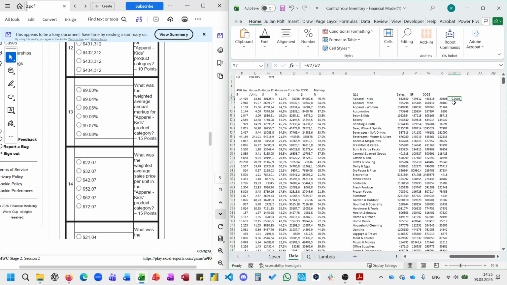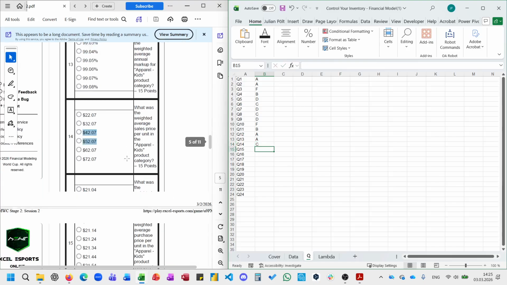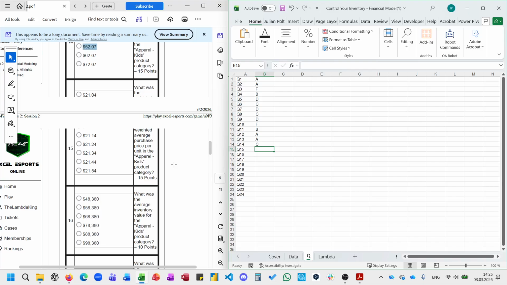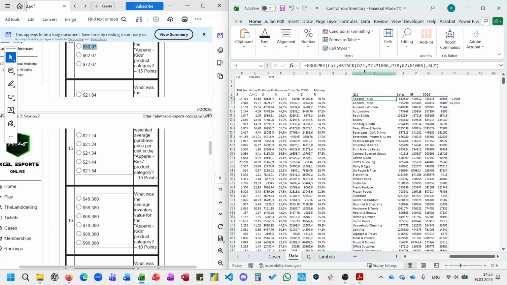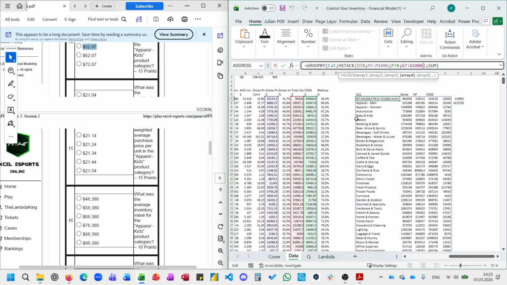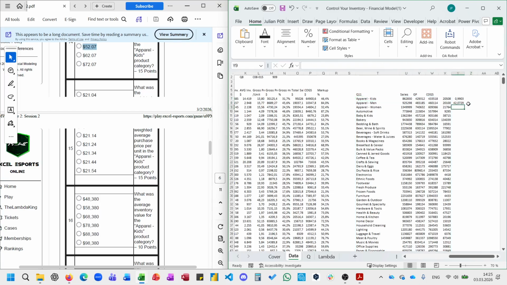And then we get that sales divided by number of units is 4207, so answer C. What was the weighted average purchase price per unit? If we bring in the COGS, what we can simply do is COGS divided by number of units, 2114. This is answer B.